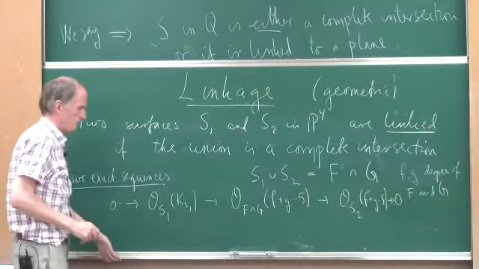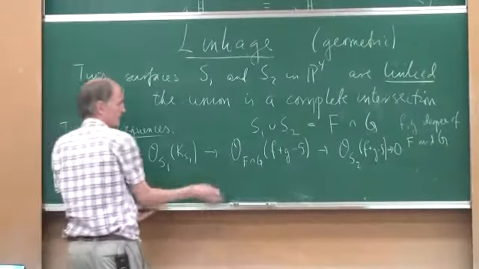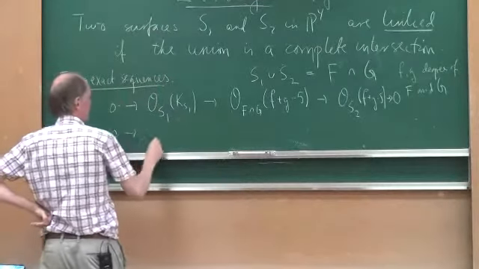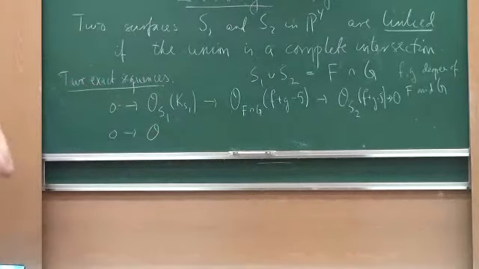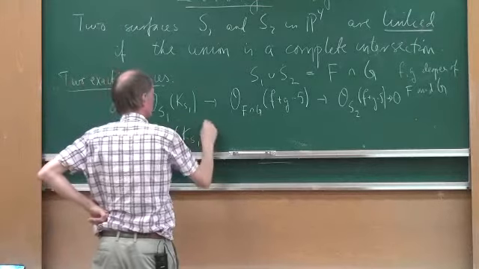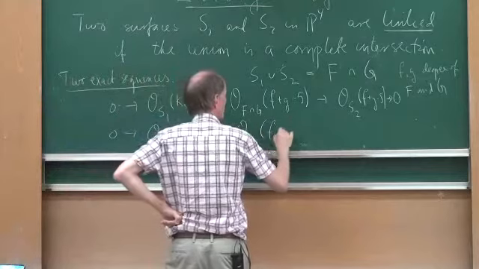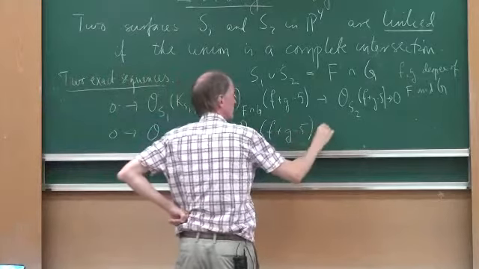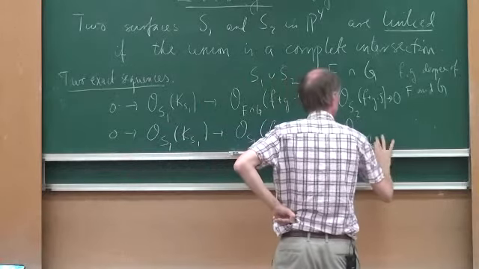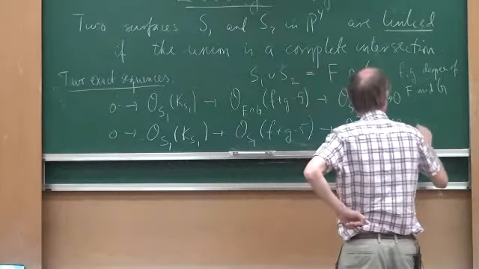And similarly, S1, O S1 F plus G minus 5, and the quotient here O S1 intersected with S2 F plus G minus 5.